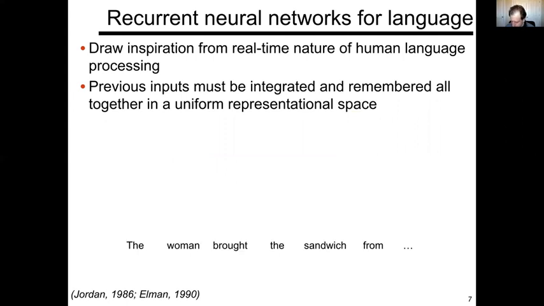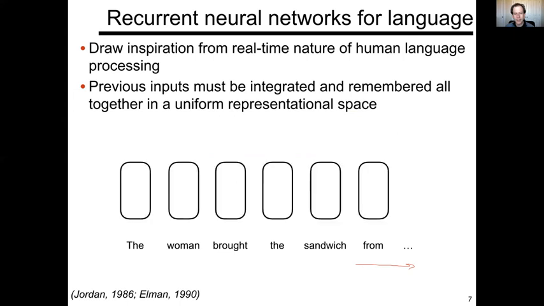So we have a sentence, and as time goes on, as we're listening or reading, we have new inputs coming in. And there is some uniform representational space. So this cell here, or this unit, is going to be representing in a constant format, but with time-varying contents, the representation both of the preceding history and of the effect of the current input on that history and on the context representation.